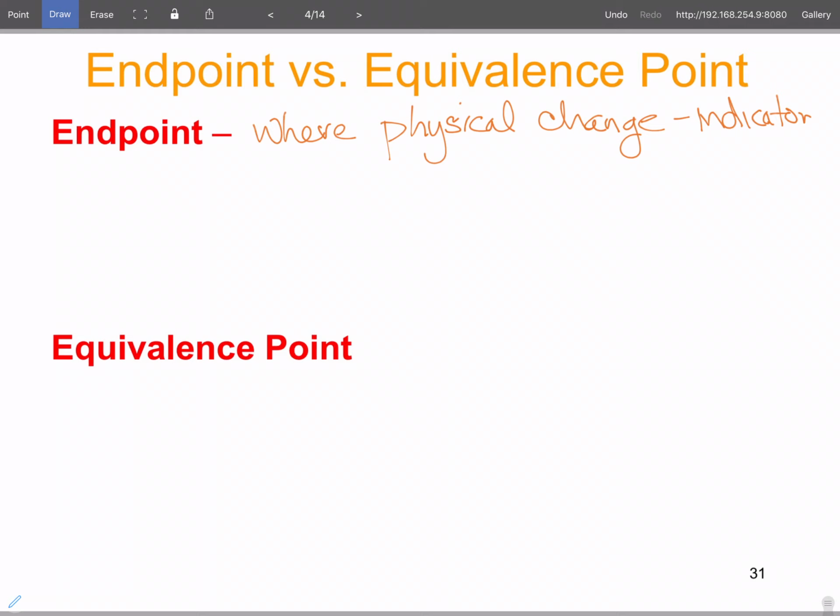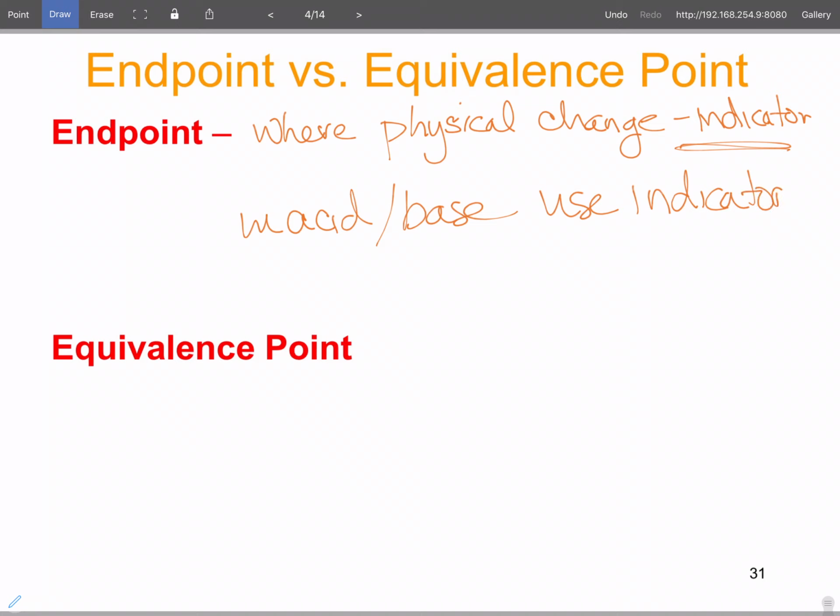That's one where you don't need to add an indicator because the indicator is built in as one of the two species you're using. In acid-base reactions, you use indicators because most of them do not have a color. Now, an endpoint is where you see the physical change.